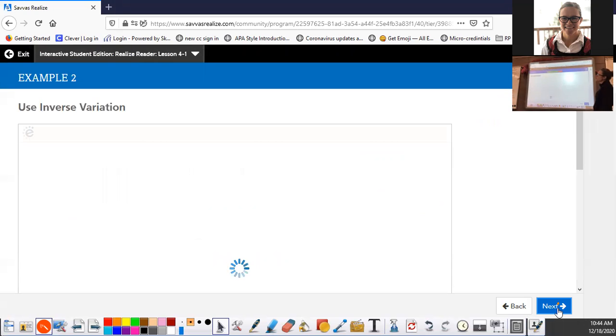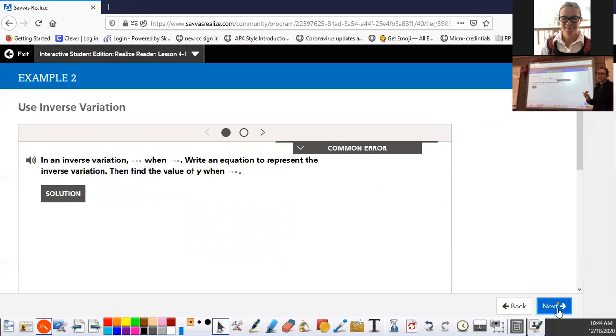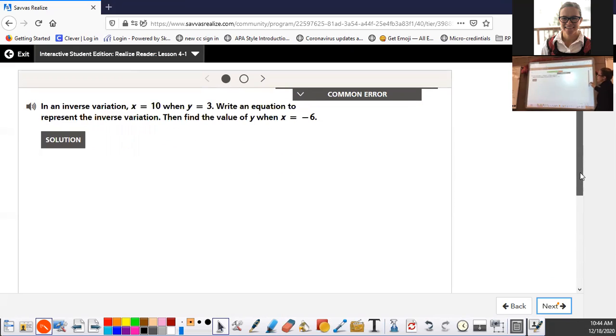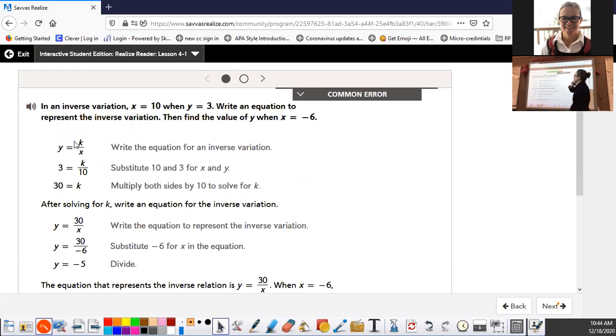So in order to use inverse variation, we need to talk about it conceptually. So in an inverse variation where x is 10 and y is 3, we need to write an equation to represent the inverse variation and then find a different x value. So the first thing we need to do is start with our generic formula.